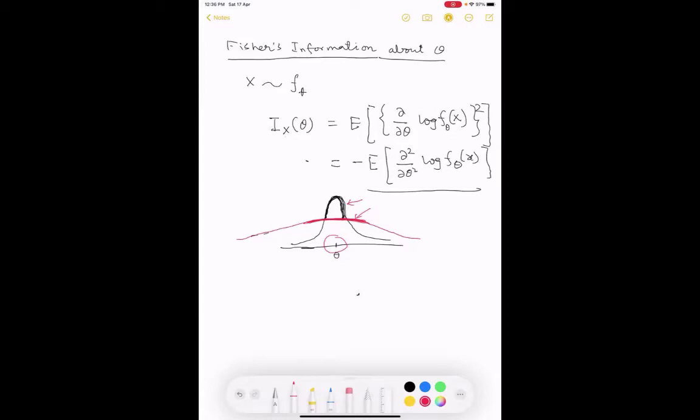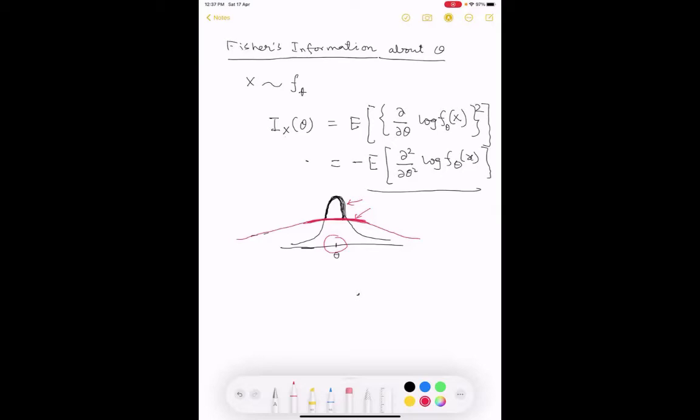Good question. Also, when we say Fisher's information about theta, it's a constant information about a particular type of distribution. Given the definition, when we say I_x of theta, what information are we talking about?